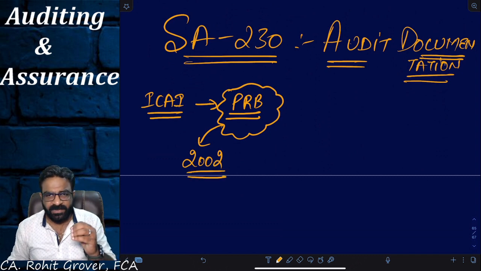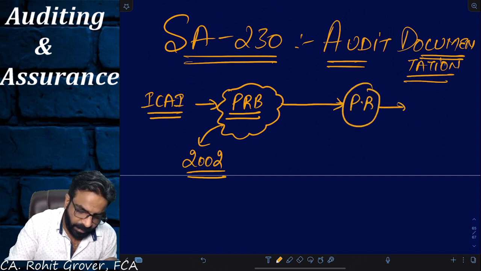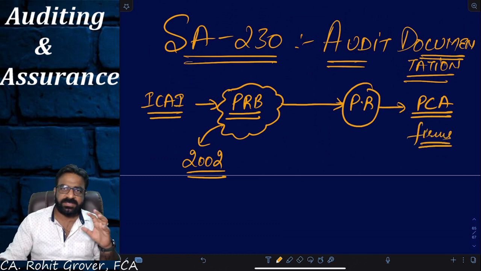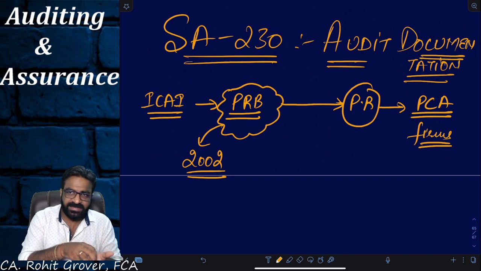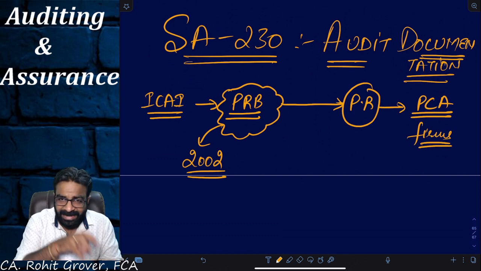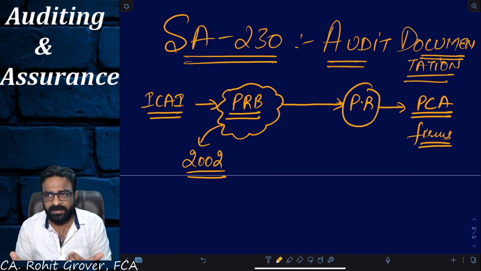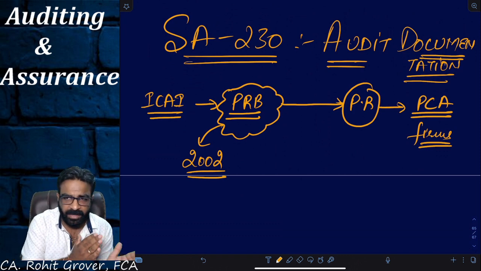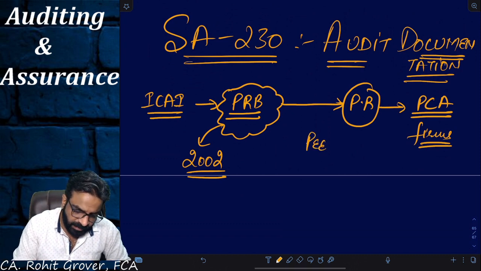So what is the purpose of this peer review board? This peer review board does the peer review on practicing CA firms. Are you getting the point? It means every year ICAI selects some random firms of India, and on those randomly selected firms, peer review will be conducted. So let me write it. What is the name of the concept?